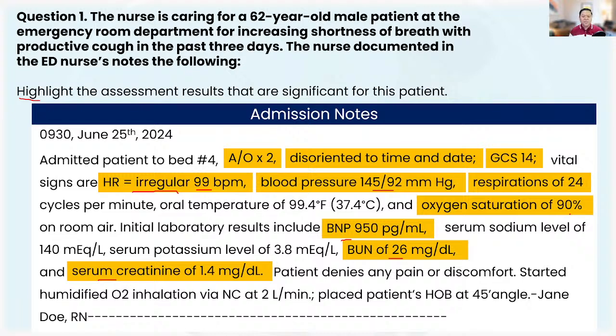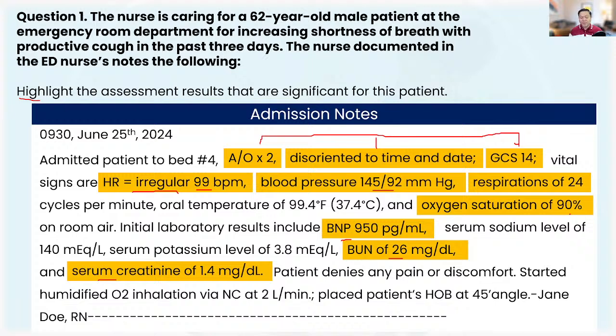All right, so what is the significance of those abnormal findings? We'll start with AO times 2, which is basically not a perfect assessment finding. It simply means that these three right here, GCS 14, disoriented to time and date, are interrelated.